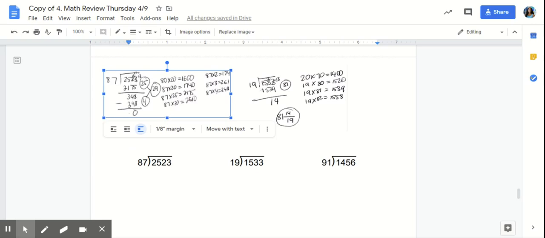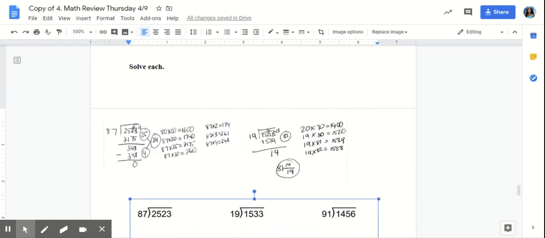It's very helpful with a division problem like this to use strategic groups. So I knew that 80 times 20 is 1,600. So I was able to use that knowledge to come up with strategic groups.